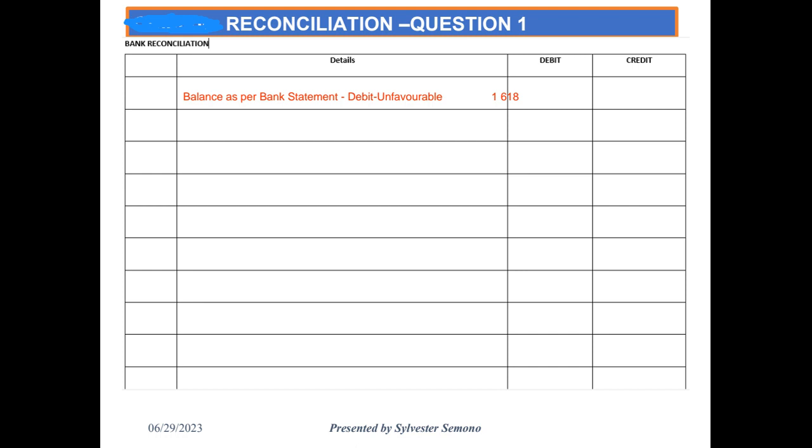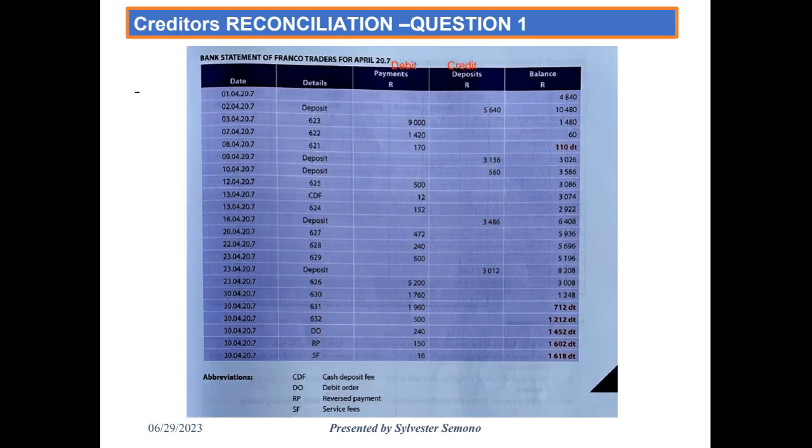Remember, this is the balance of the bank statement. Remember what we read about. Okay, let's go back to the bank statement. Check here. We said debits are what? Payments. Credits are? Deposits. Remember, we spoke about the difference between the bank account and the bank statement.